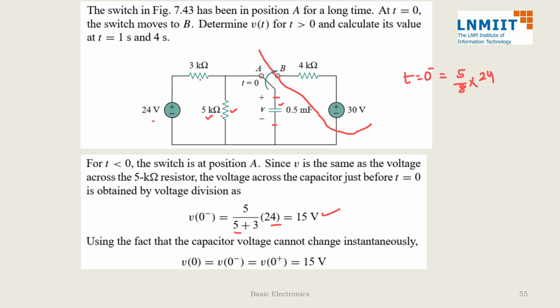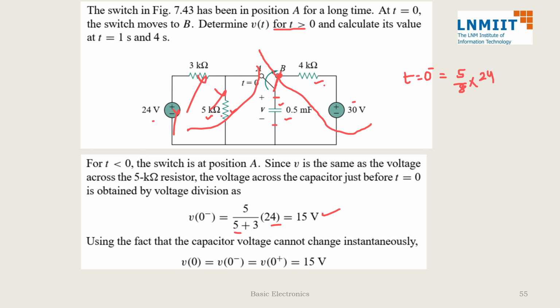Now after t equal to 0, the switch is moving to B. When switch is moving to B, that means this and this, they are removed from my circuit. So we are removing it. So now we are left with only 1 R, 1 C and 30 volt. Now look at only this circuit.